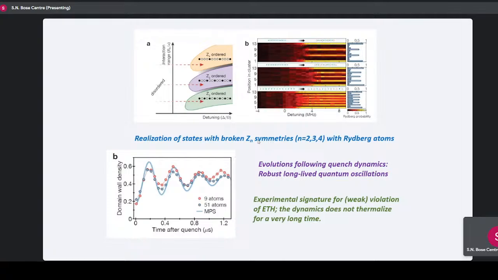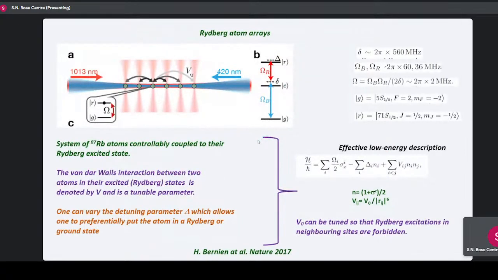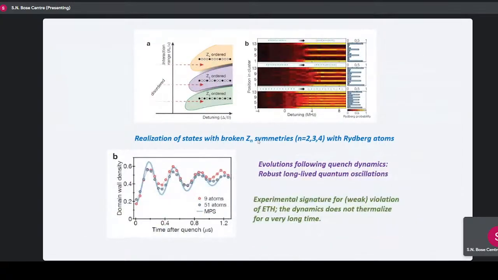But the thing that I wanted to discuss here is that starting from a state like this, if I suddenly quench my detuning parameter and come to a regime where this detuning is 0, so that I am left with only this term, and I measure the domain wall density, which is like the probability of having two Rydberg atoms in their ground state side by side, it turns out that they show an oscillatory behavior rather than a quick thermalization.